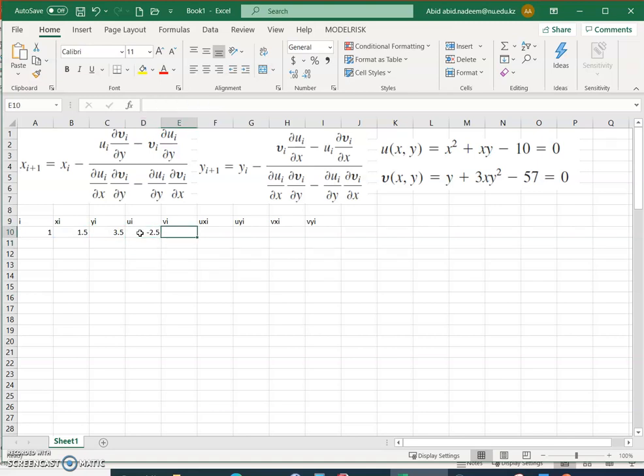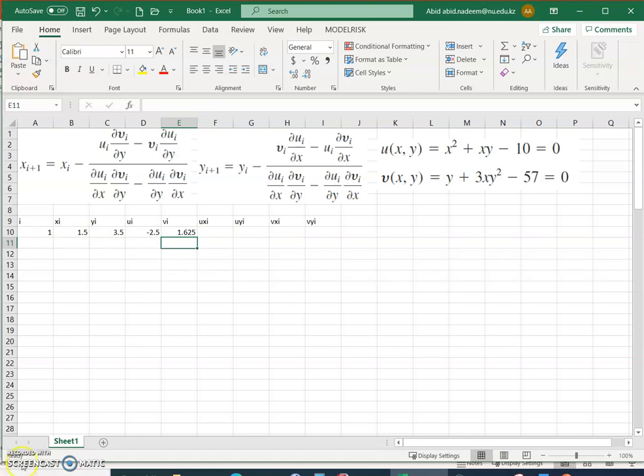Yeah, I remember it was the same value before. Now I calculate v. v is y plus 3 times x times y squared, minus 57, so it is 1.625.